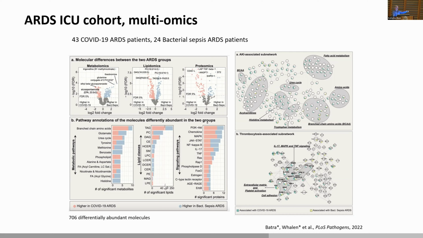And what we saw when we generated this network and checked what correlates with this thrombocytosis, the interesting thing was that we saw multiple pathways, including TNF signaling and other signaling pathways, as well as extracellular matrix effects and cell adhesion, all of which had been individually implicated in one way or another with this thrombocytosis phenotype.